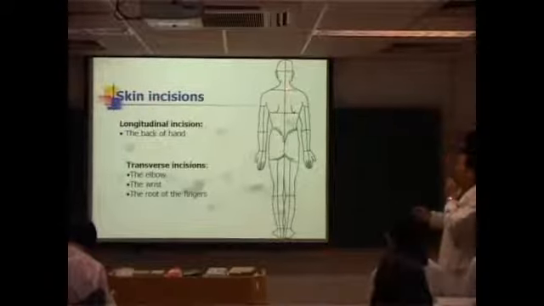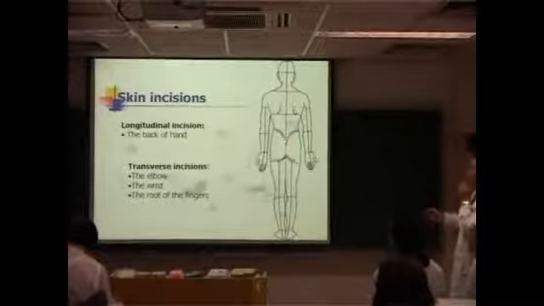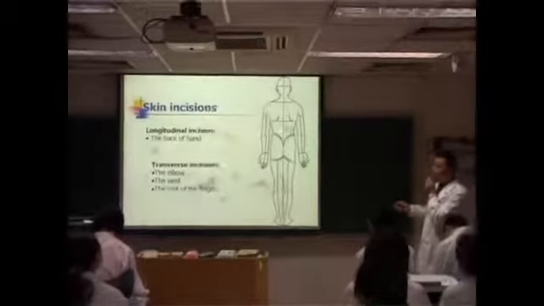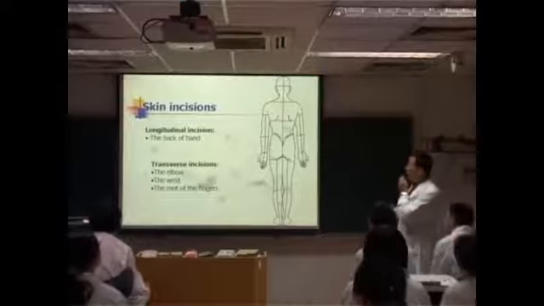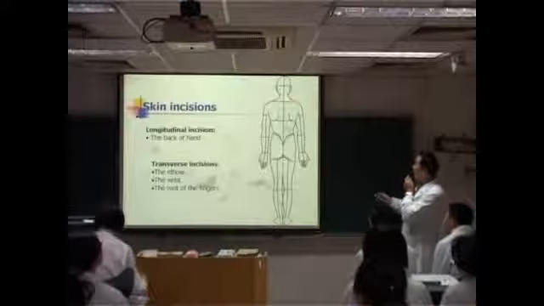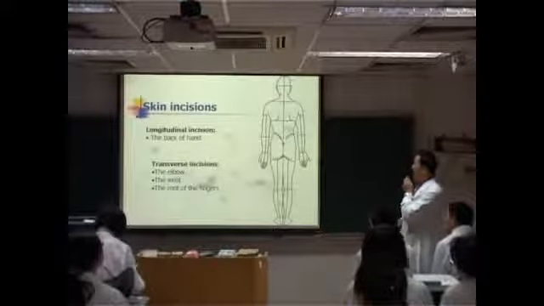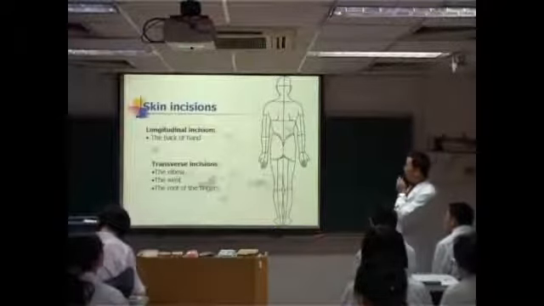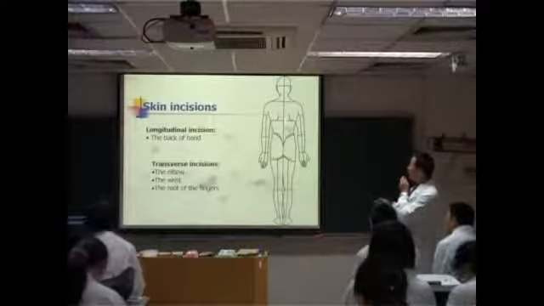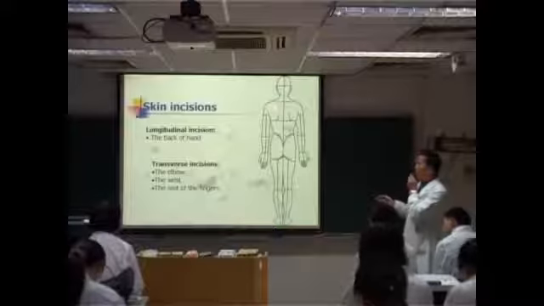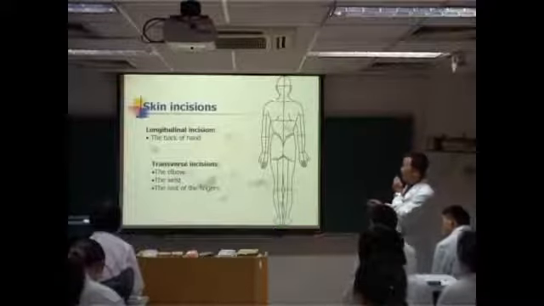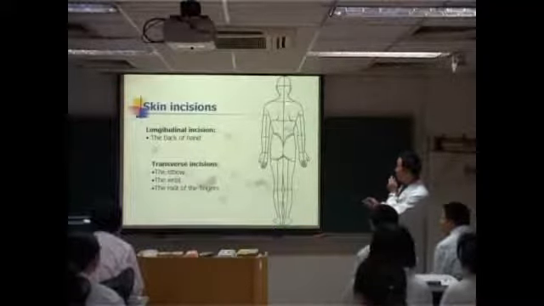You should make a longitudinal incision from the center of the body, from here to here, and then make some transverse incisions from the superior margin of the scapula and the inferior margin of the scapula, like these two lines.